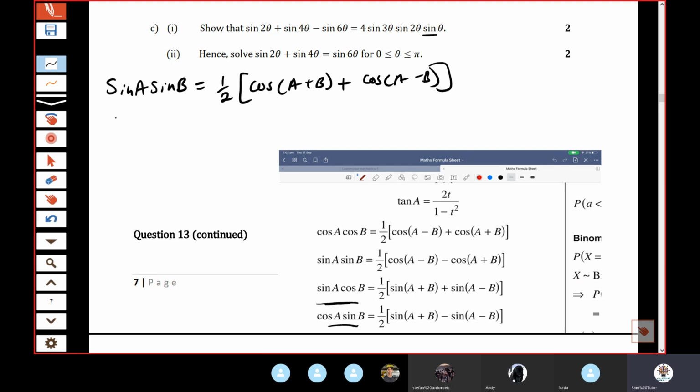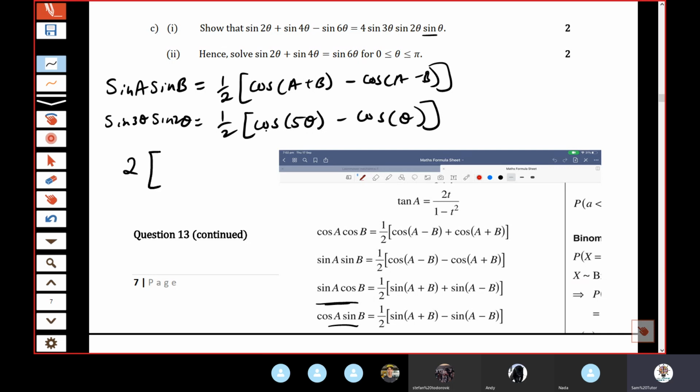So sine 3 theta sine 2 theta equals half, minus cos 3 plus 2 is 5, minus cos 3 minus 2 is 1. Any questions there? 4 times a half is 2, and then you have 2 multiplied by cos 5 theta times by sine theta.